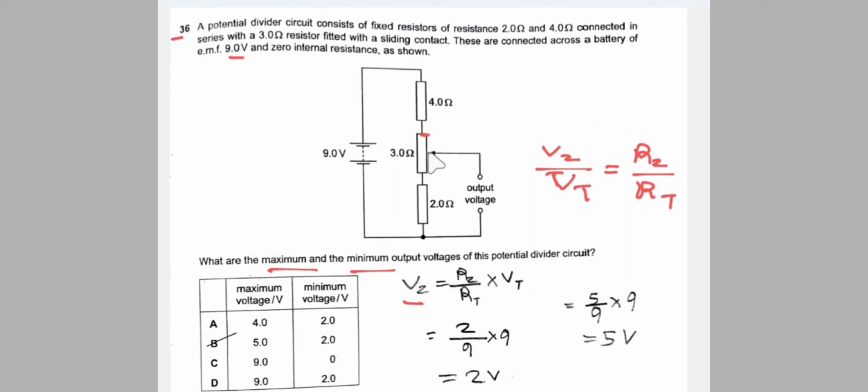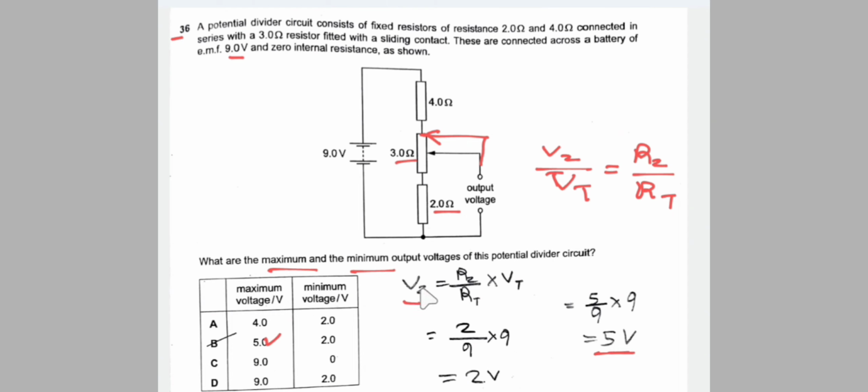So if the sliding contact is at this point, the total resistance covered by the sliding contact is 2 ohm plus 3 ohm, that is 5 ohm, that is R2, and the total resistance is 9 ohm, and V total is 9. So the maximum voltage is 5 volt.